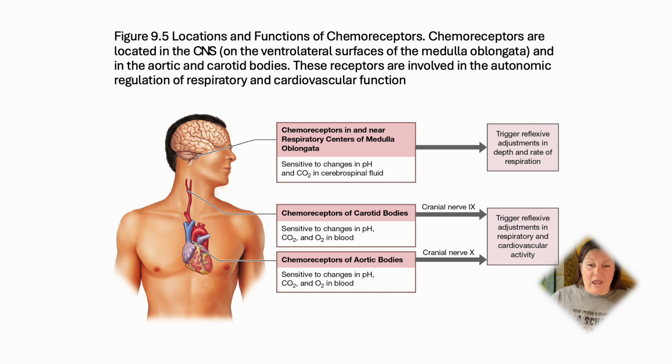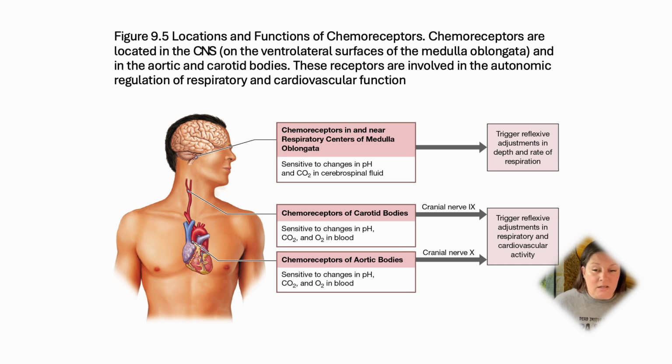First, we have chemoreceptors in the respiratory center of the medulla oblongata. That area specifically is paying attention to the cerebral spinal fluid. In paying attention to the cerebral spinal fluid, these chemoreceptors pay attention to pH and carbon dioxide. Take note, it is not paying attention to oxygen.